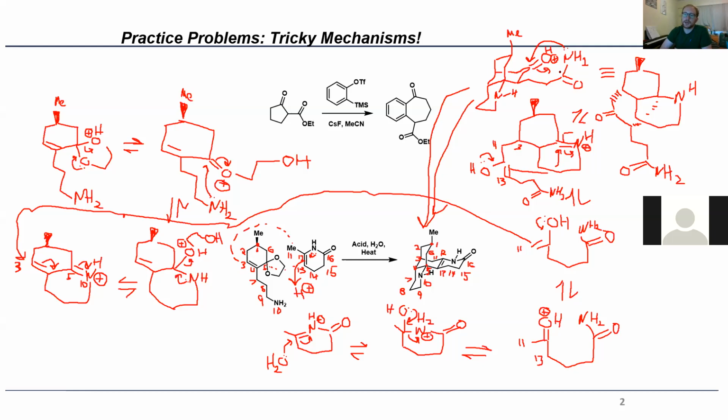Okay. If there's no more questions on this, remember the emphasis here was on reversible additions. And if we look at some of the name reactions we did here, we did this 1,4 addition of this enol, which is a Michael addition. And then the addition of the enol into the imine electrophile is a Mannich type reaction.